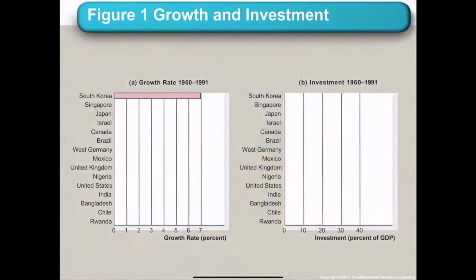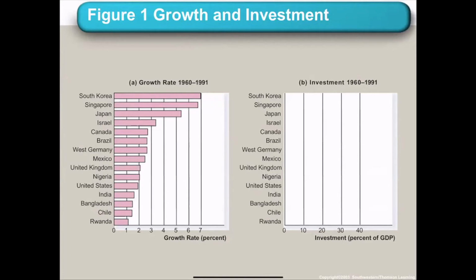Looking at the growth rate from 1960 to 1990, you can see that the top three countries were starting their economic development in the 1940s, 50s, and 60s. For example, Japan, 1945, the end of World War II, right?